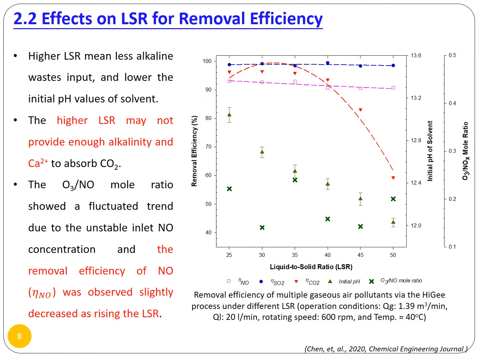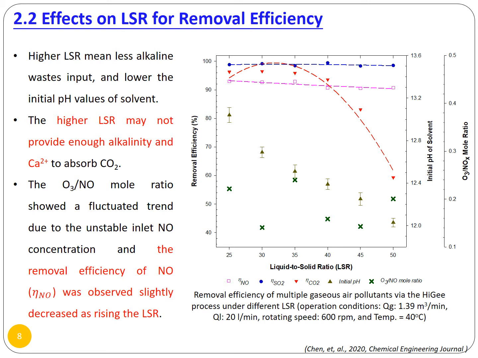The results show the effect of liquid-solid ratio on removal efficiency. We can see this figure. Higher LSR means less alkalinity input, so the pH value will be lower, and a higher LSR may not provide enough alkalinity and calcium ion to absorb the CO2.